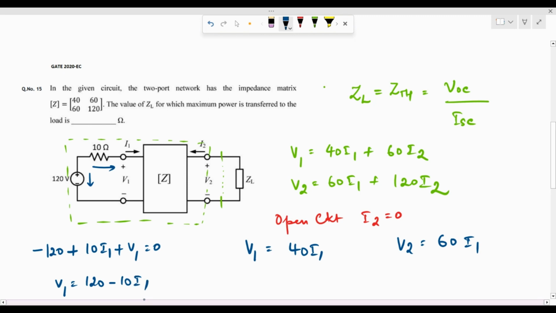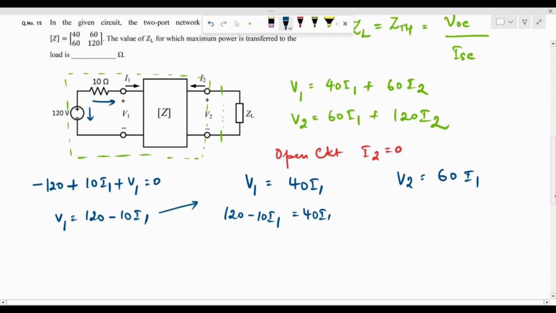Having known V1, I can replace it over here. So I'm going to rewrite this as 120 minus 10 I1 is equal to 40 I1. Therefore, 120 is equal to 50 I1, or I1 is equal to 12 by 5 amps.